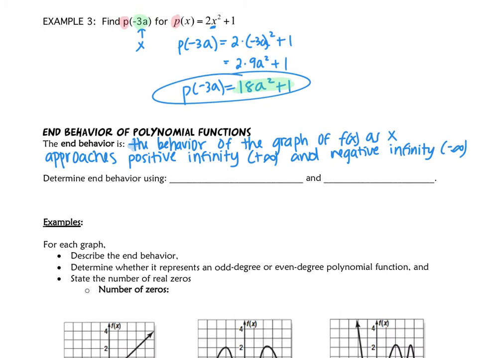So we are looking at what happens to the graph when we go far to the left and far to the right. It's related to domain and range in that way.